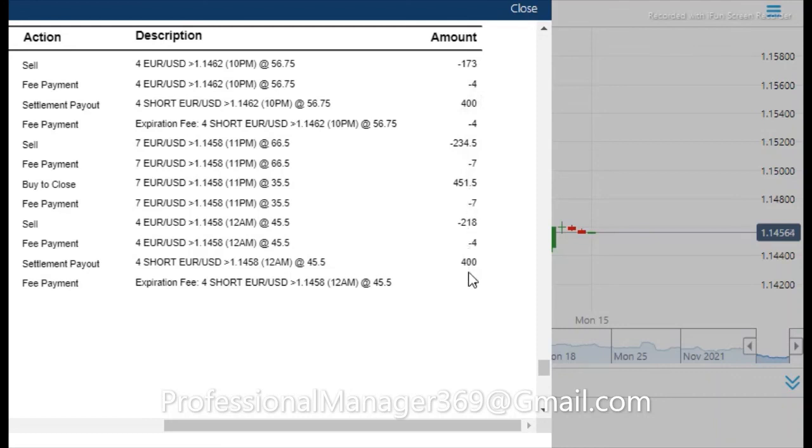This trade we made a profit of almost $180. That means from these 3 trades we made a profit of $620 on a $2,000 binary account.